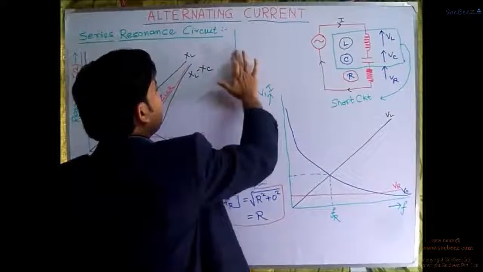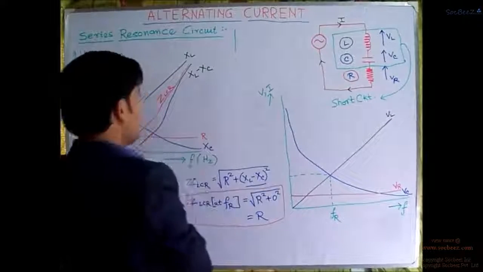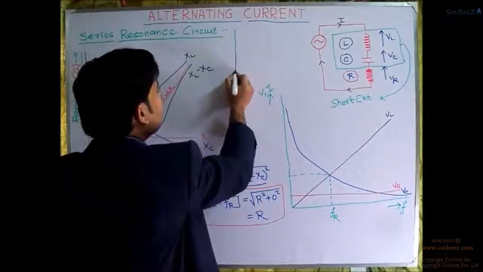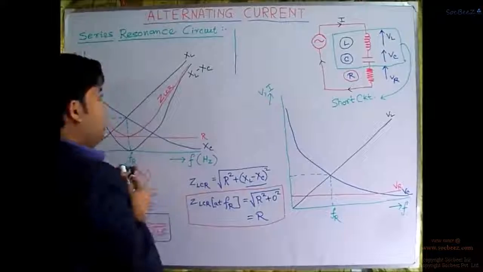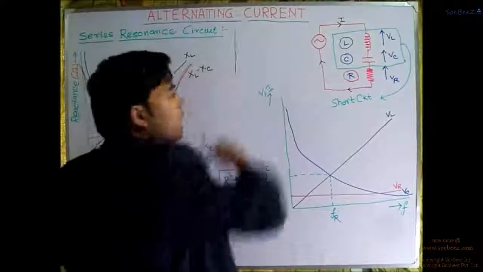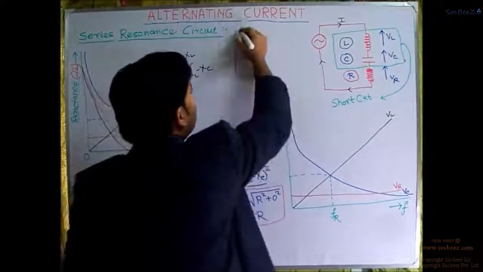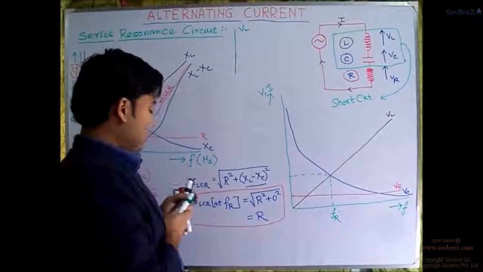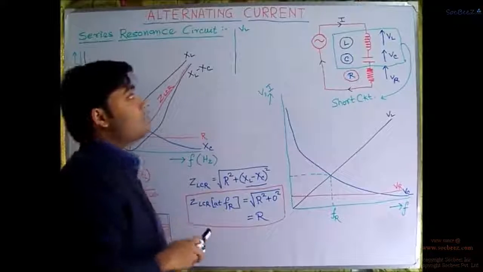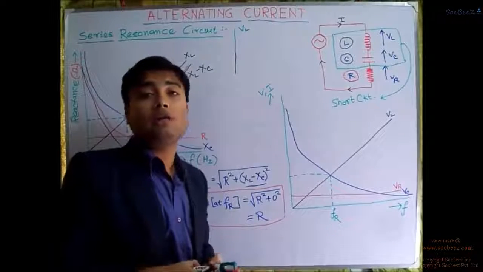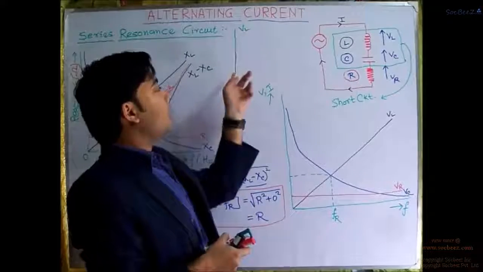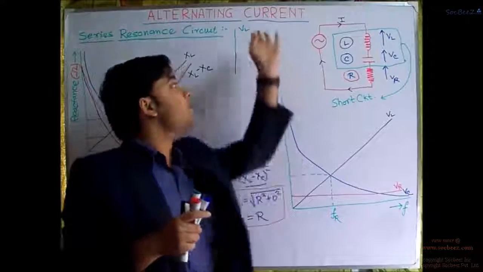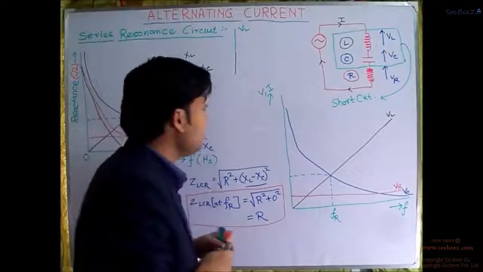Which means that, as we have seen, say for example we take it like this. See over here, this green line is representing the VL, and this VC, as we know that the voltages of this inductor and this capacitor are simply out of phase, which means they are in opposite directions.